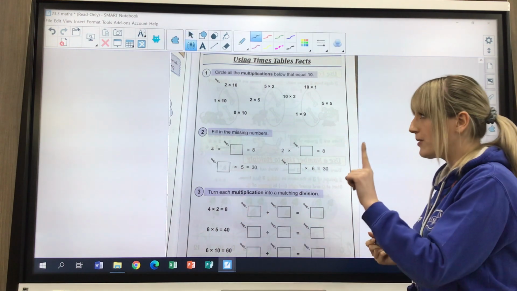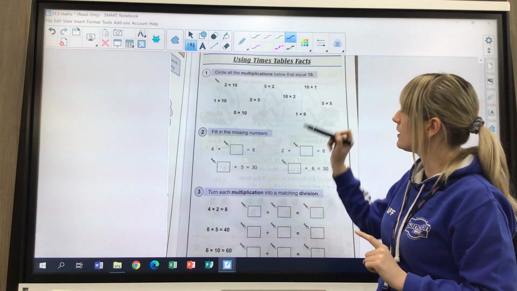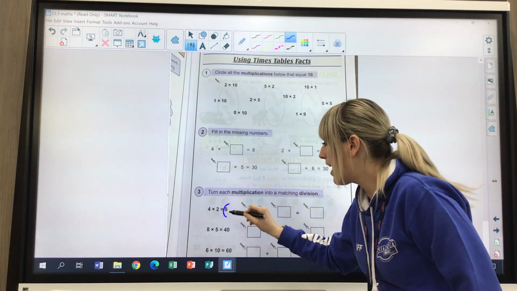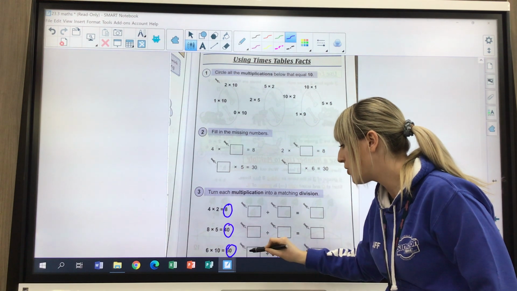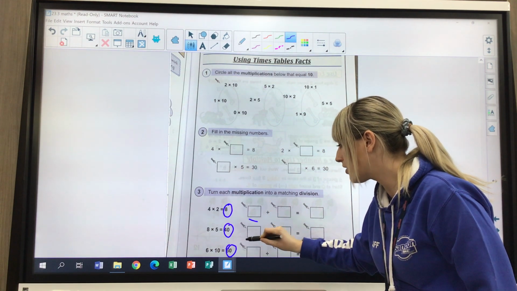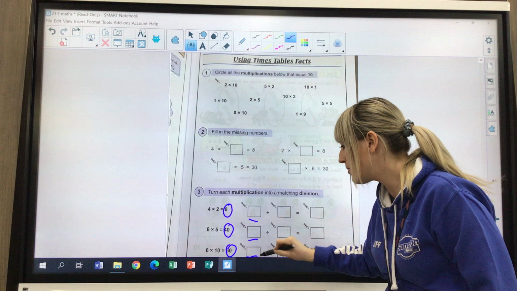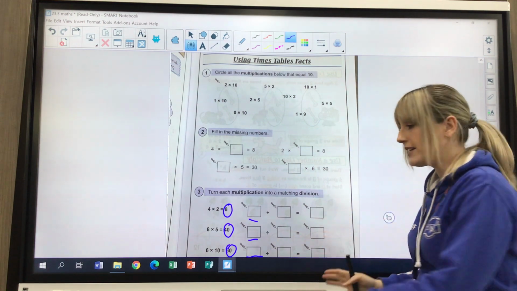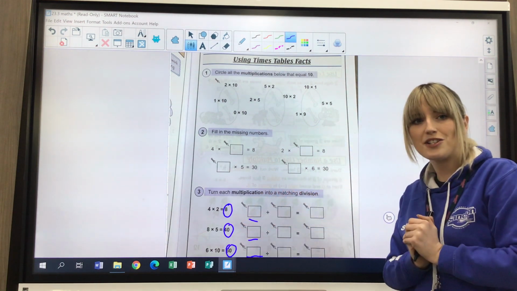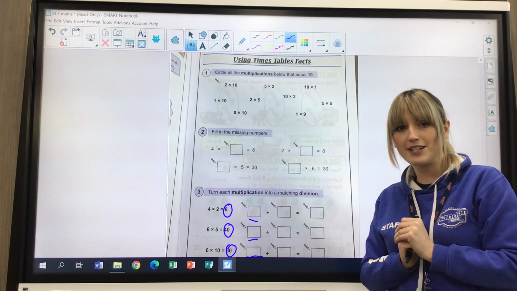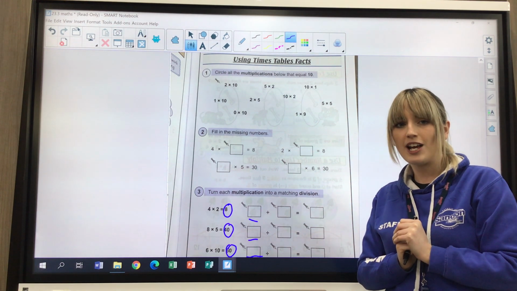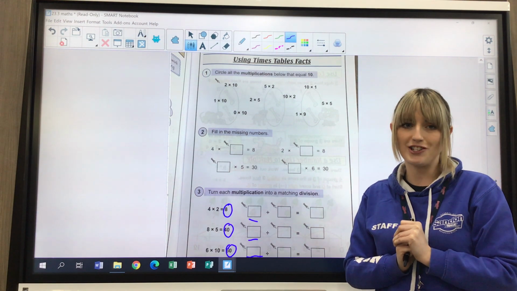So I'm going to give you a little clue. Your answers to the multiplication questions will go in these boxes here, because when we're dividing, the biggest number goes at the start. I'm sure you'll do amazing. Press pause on your video, complete that page, and then we're going to do some more challenges.